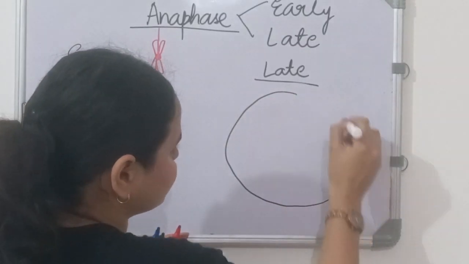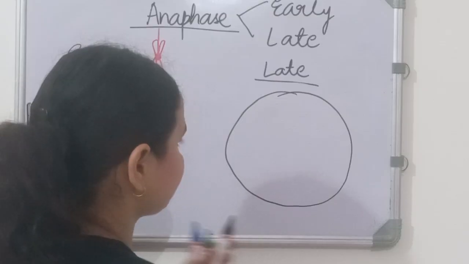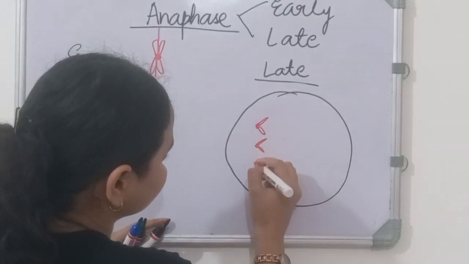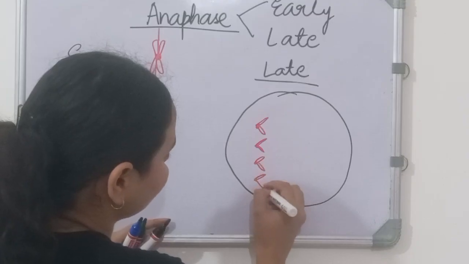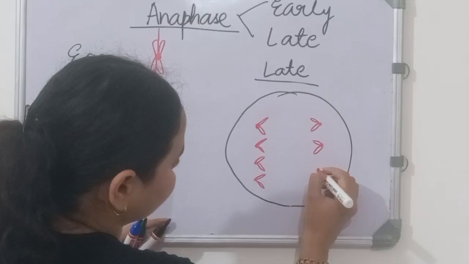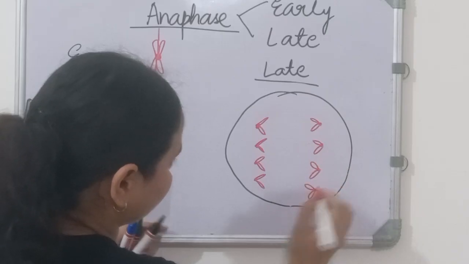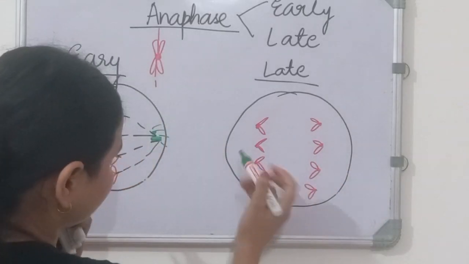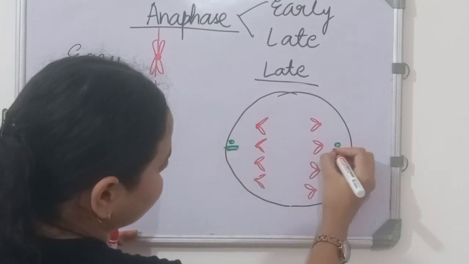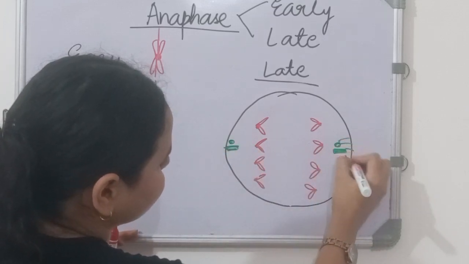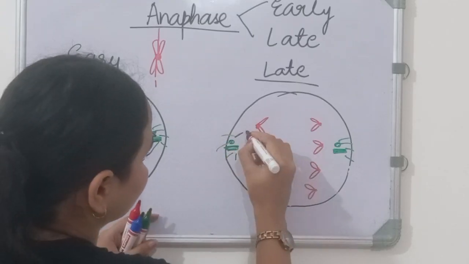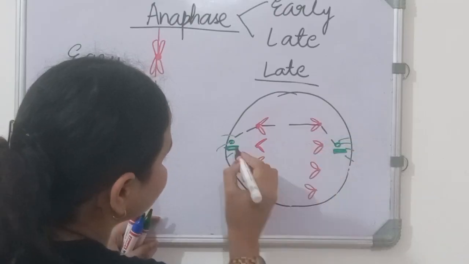This is the cell. These are our sister chromatids who have covered a larger distance now. Centrosomes containing centrioles. These are the spindle fibers.